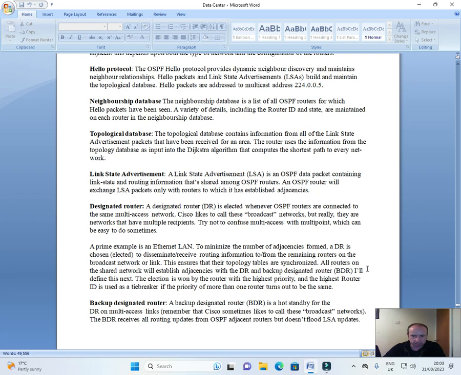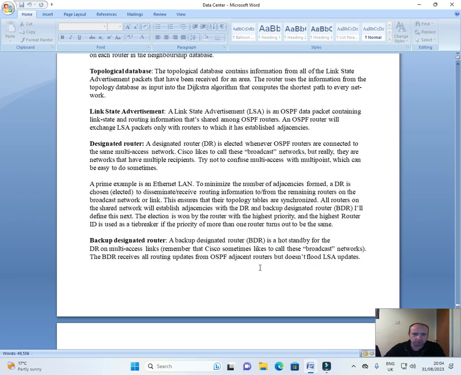All routers on the shared network will establish adjacencies with the DR and backup designated router, BDR. I'll define this next. The election is won by the router with the highest priority, and the highest router ID is used as a tiebreaker if the priority of more than one router turns out to be the same. Backup designated router.